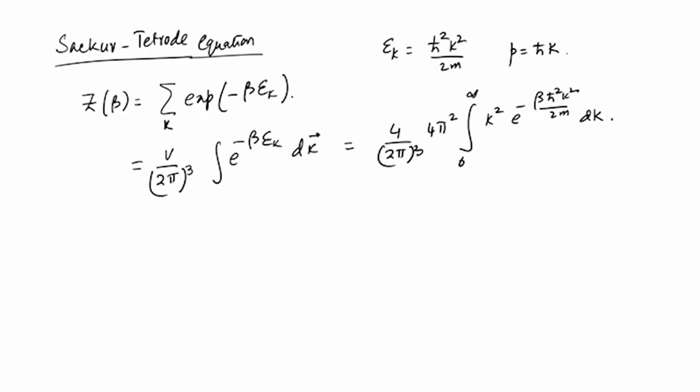Really there is nothing new that we have done. We are simply trying to calculate the canonical partition function, and I will not show you this derivation, but you can do it yourself. This is very simple. This is a double derivative of the Gaussian formula that we have already given.